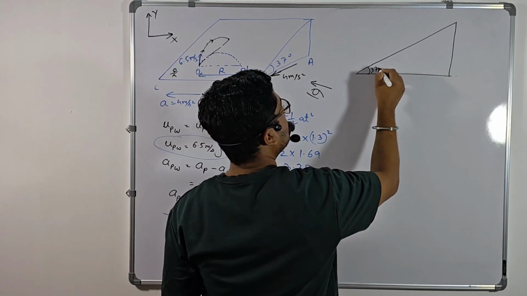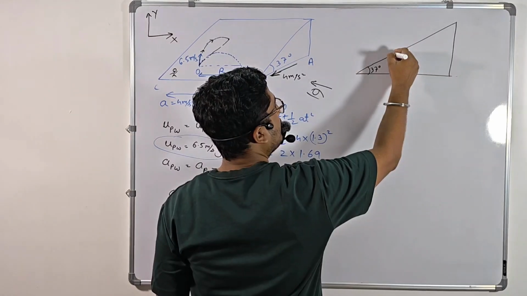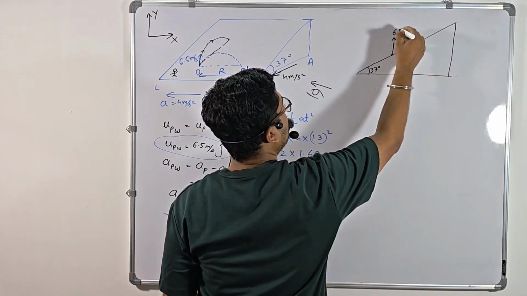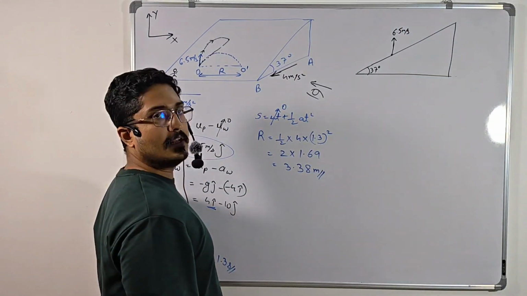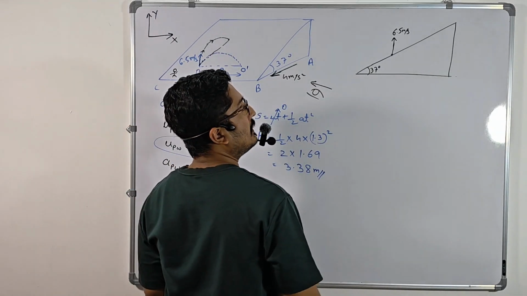making an angle of 37 degrees. My projectile has started its journey from here in the vertical direction with a velocity of 6.5 meter per second. This is the direction of the particle in the vertical direction.